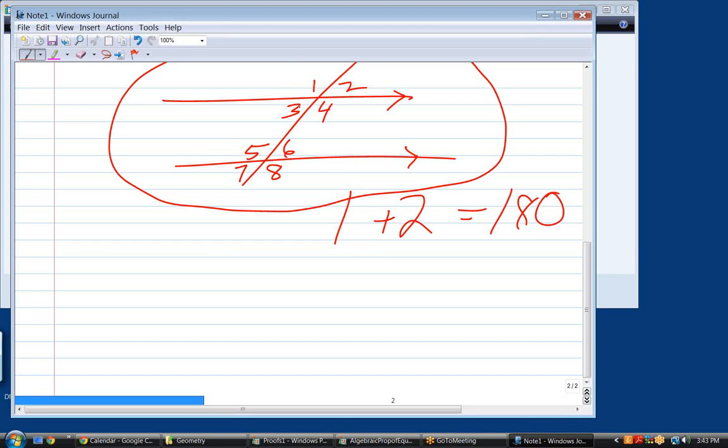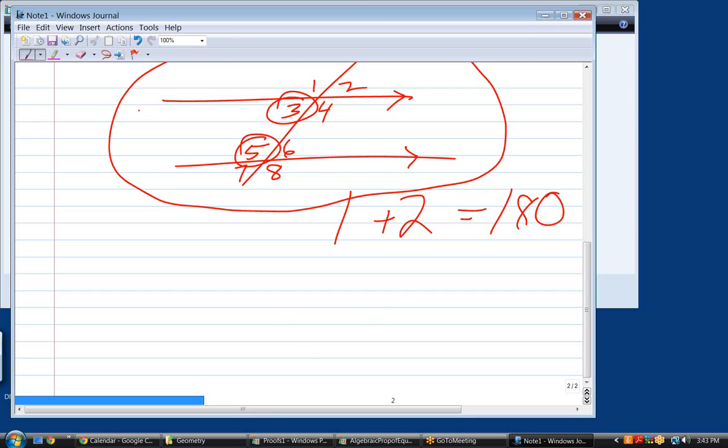Well, I could say that angle 3 and angle 5 are supplementary because consecutive angles of a transversal of two parallel lines are supplementary, or something. You'll learn the exact theorem, and I don't really care what the exact theorem is.